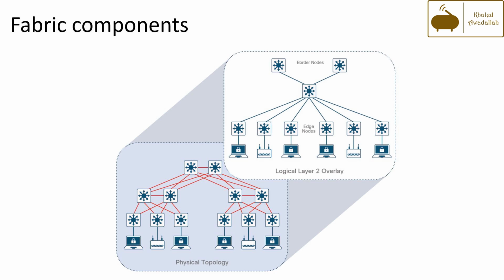Although in the underlay network you have your access layer, distribution layer, and core layer, the overlay network focuses only on two components: the edge node and the border node. According to Cisco DNA design, Cisco considers the distribution or aggregation layer just a layer for connectivity. DNA Center doesn't use this layer for anything other than network connectivity.